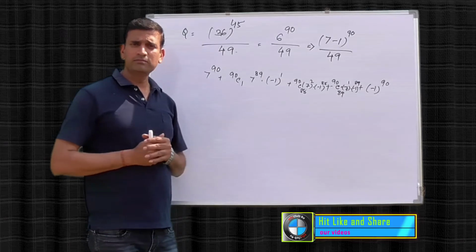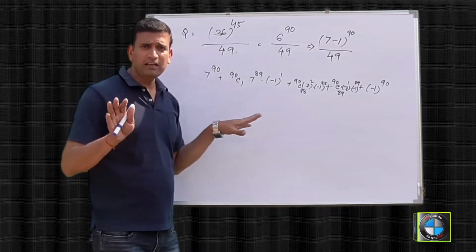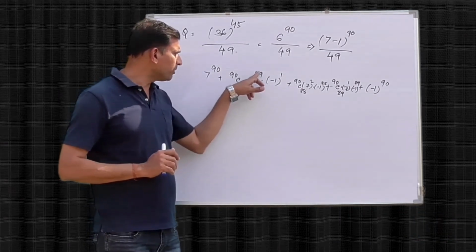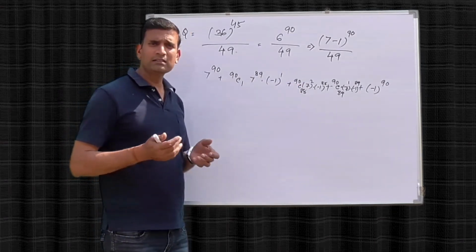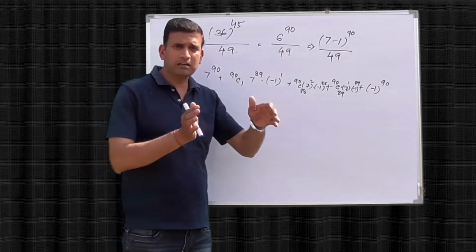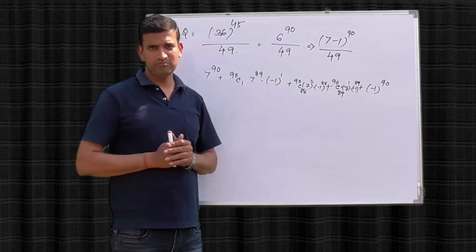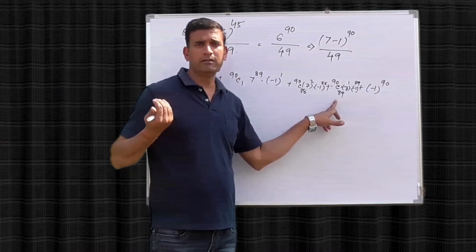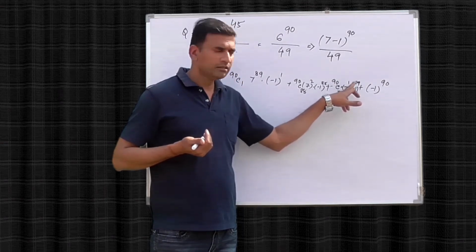7 to the power 90 must be divisible by 49, and 7 to the power 89 is also divisible by 49. 7 to the power 88, 7 to the power 87, 7 to the power 86, and so on, every part is completely divisible by 7 square, up to the third term from the end, because we are having only 7 to the power 1 here.